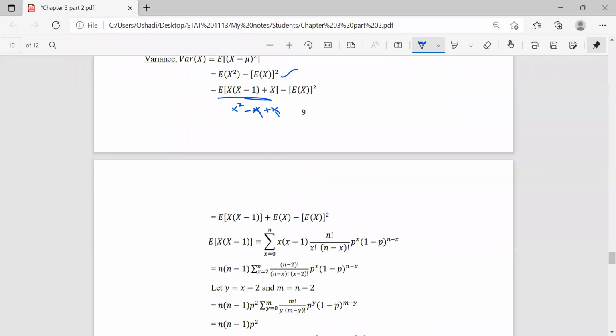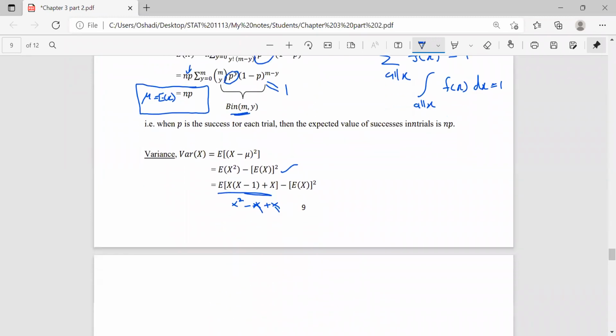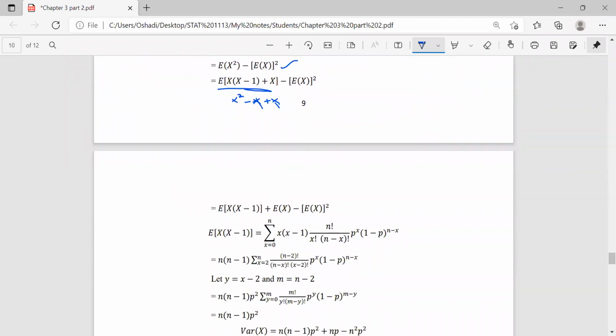So now we can expand that expression into expected value of x into (x minus 1) plus expected value of x minus expected value of x, the whole thing squared. From the earlier knowledge, we know that the expected value of x is NP. So if we find the expected value of this, then we can find the variance.